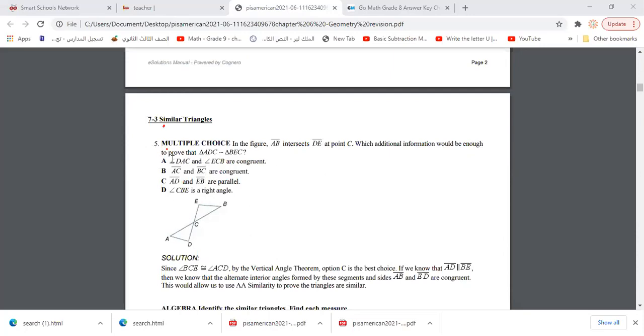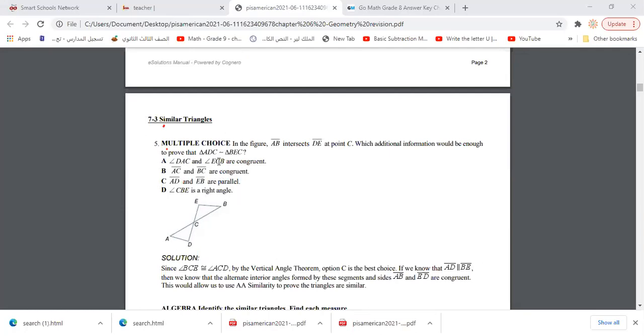Angle DAC is congruent with ECB, or AC and BC are congruent, or AD and EB are parallel, or angle CBE is a right angle.